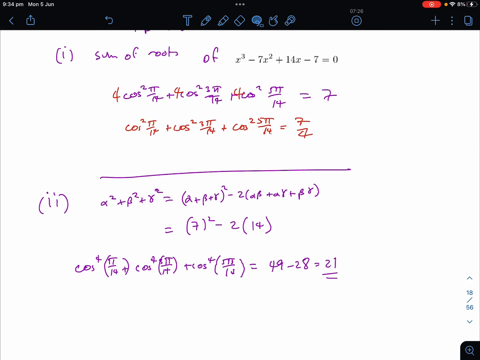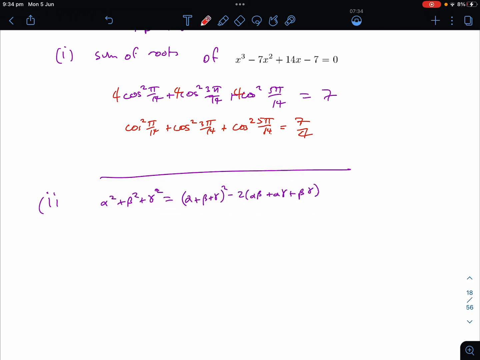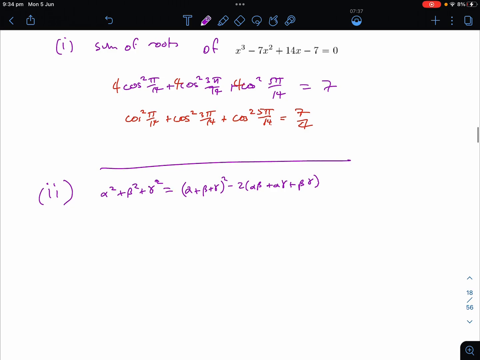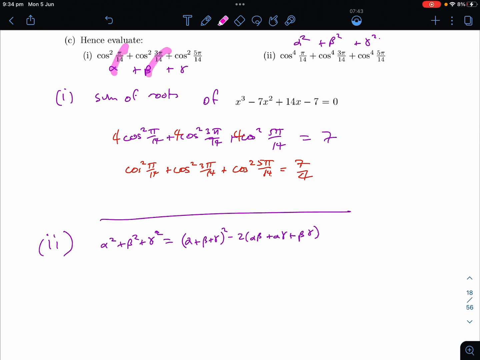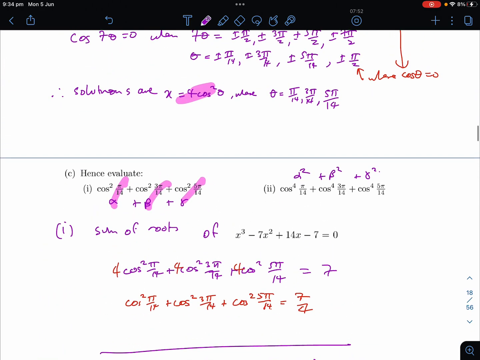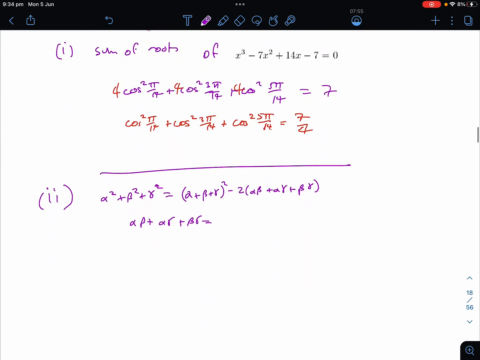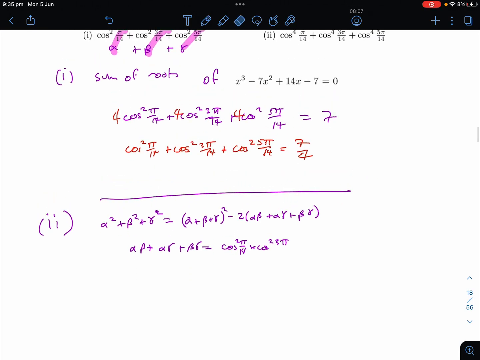So really we're probably more interested in this. In general this is a true fact here. Let's just cut this, I think that's just wrong. If we just defined alpha and beta and gamma as these, we might be interested in what alpha beta plus alpha gamma plus beta gamma is.